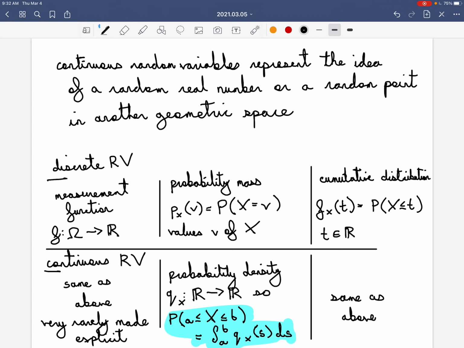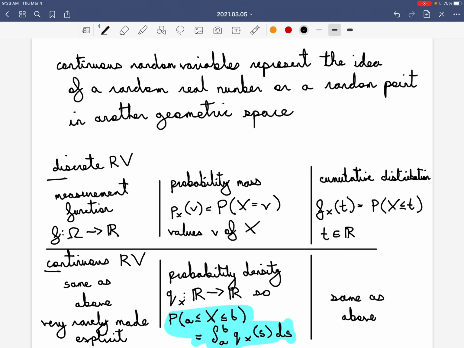And so the most important idea in understanding continuous random variables is that there's an analogous but substantially different concept called a probability density, or probability density function.